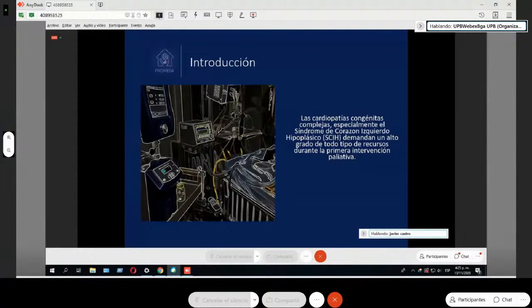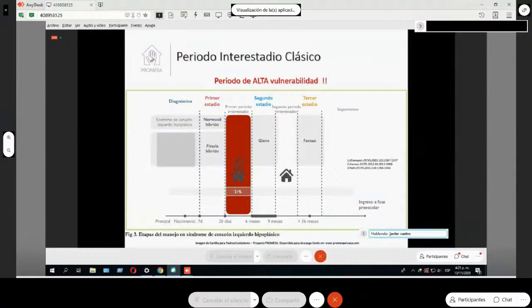So in order to attend all of these children with complex heart diseases, particularly those with HLHS, we require a lot of human resources, technical resources, economic resources, and emotional and social resources from the families, so that these children can survive these interventions. And even so, once they survive, they come to a stage called the interstage period.